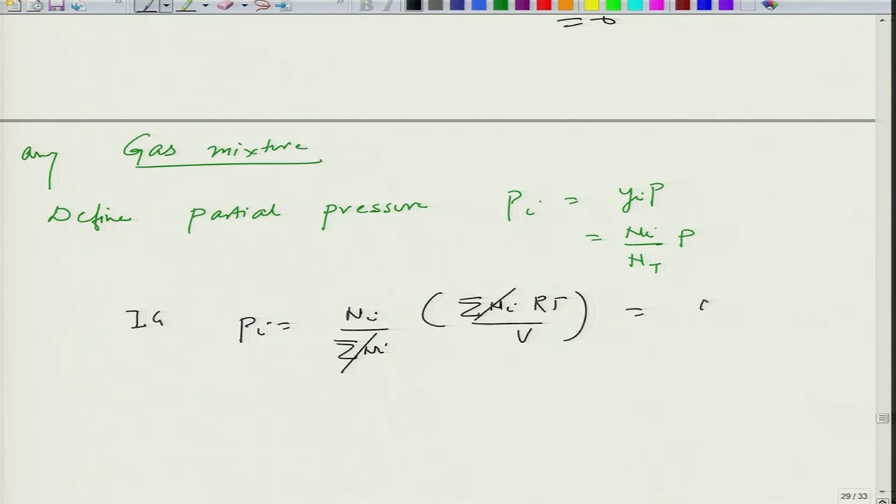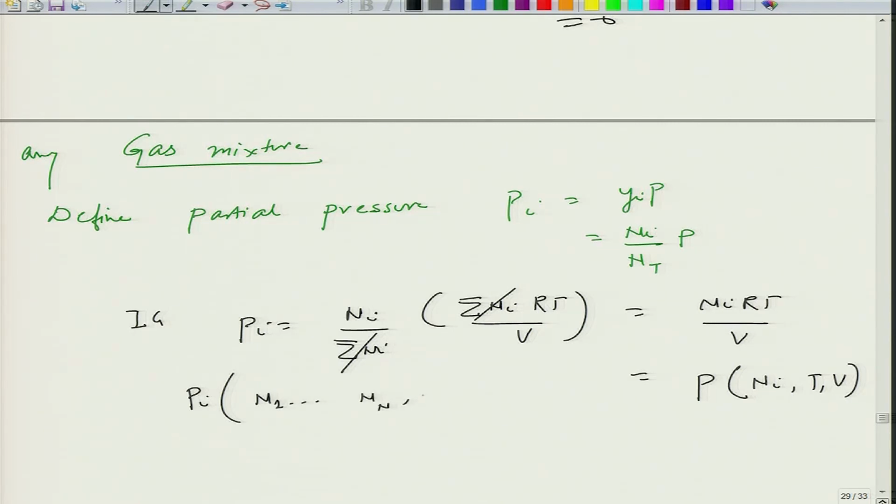So, this is nothing but Ni RT by V, which is nothing but the pressure of the system with Ni moles of component i at temperature T and volume V, and this Pi is nothing but P with all the components in this composition at temperature and volume. So, this Pi becomes P here for only ideal gas.